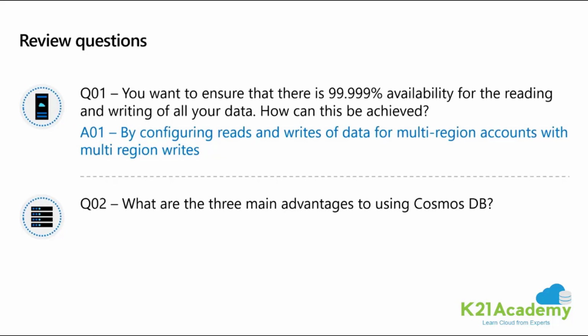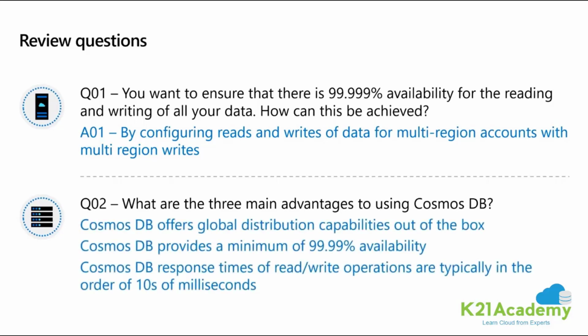What are the main advantages of using Cosmos database? The main advantage of Cosmos database is that it is global in nature. Multiple modes are there. The minimum availability is 99.99%, and latency is pretty good, around tens of milliseconds. To be exact, read latency is less than 10 milliseconds and write latency is less than 15 milliseconds.